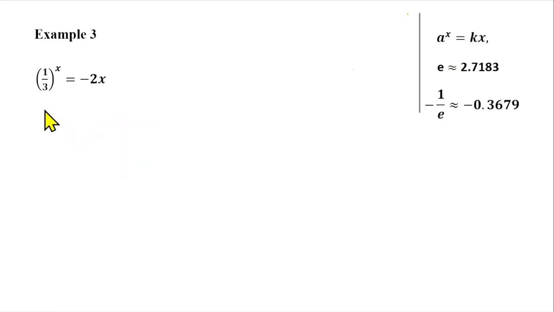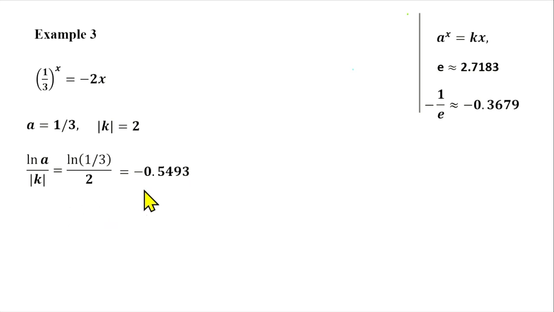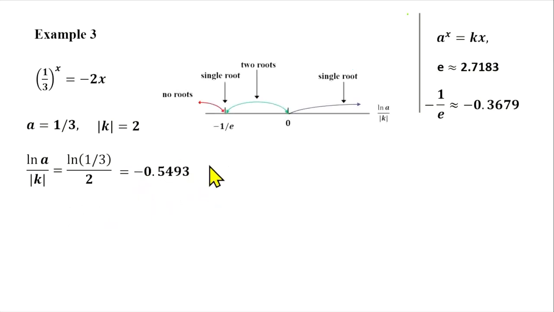Our next example is here. a in this case equals 1 over 3. The absolute value of k is equal to 2. The parameter which we need is equal to negative this number, and it is smaller than negative 1 over e, so it is in this range, and this equation has no roots.